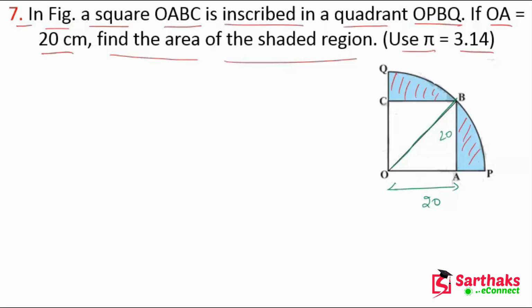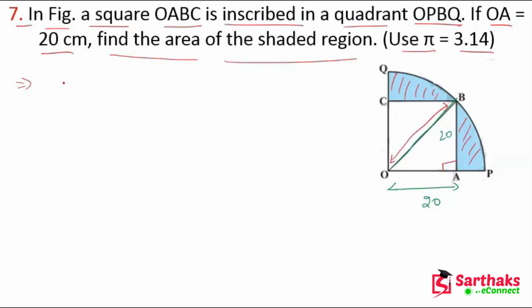And my dear friends, if you observe this, this is the diagonal of the square. Okay. So with the help of this triangle OAB, this is a right angle triangle, because this angle is 90 degree. So in this triangle, we can find OB.